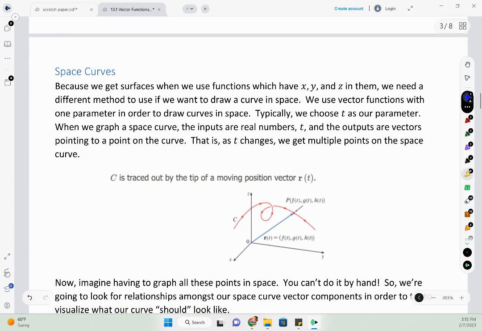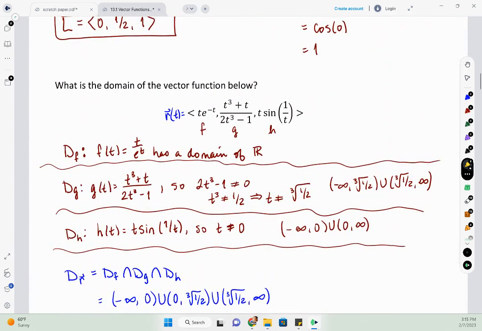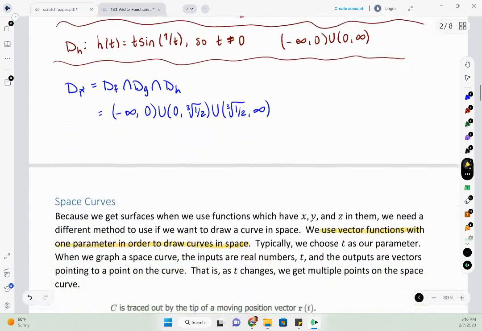Now, our vector functions are going to, whoops, I did not mean to cross that out. We're going to use vector functions with one parameter in order to draw curves in space. Now, you just looked at, when we were taking the domain and the limit, the vector function right there, that is a vector function in one parameter. t is the parameter.